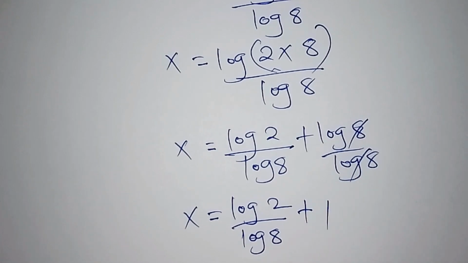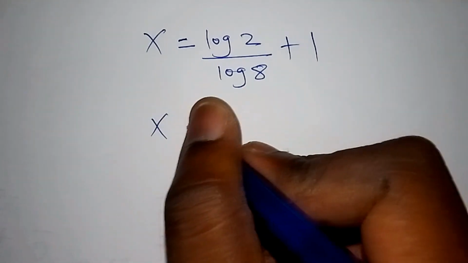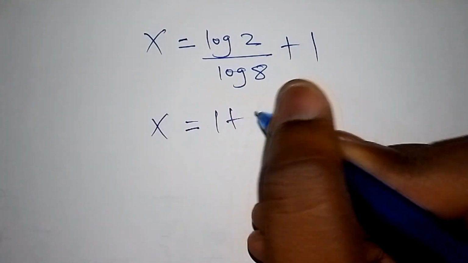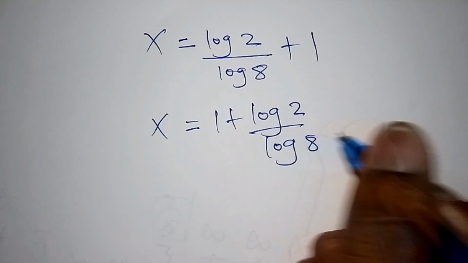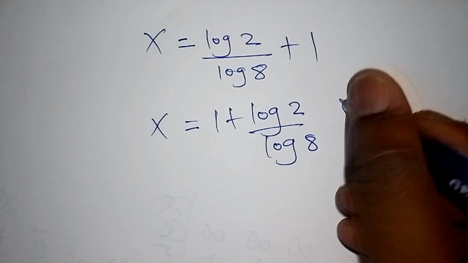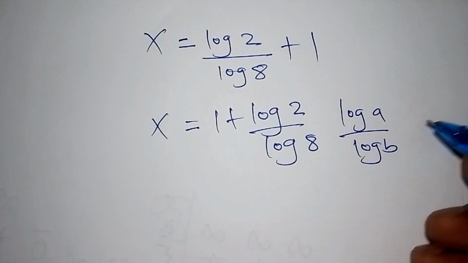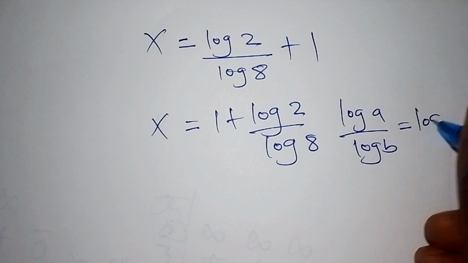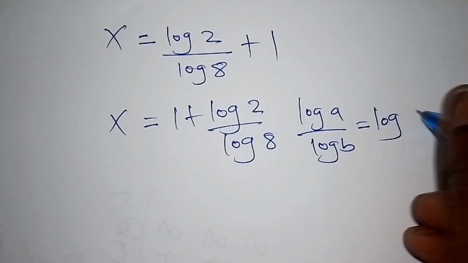We still don't stop here. We can rearrange this by saying x equals 1 plus the log of 2 all over the log of 8. Now we all know that log a all over log b can also be written as the log of a to the base of b.